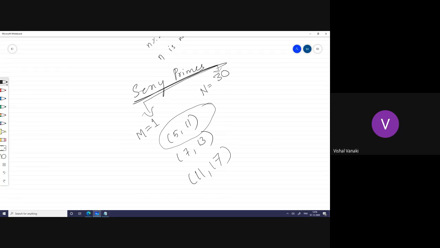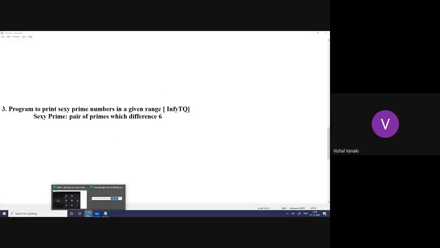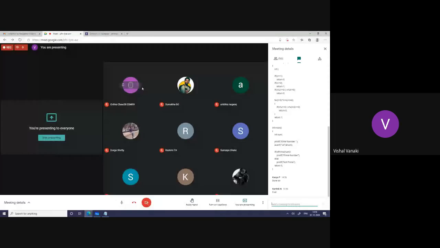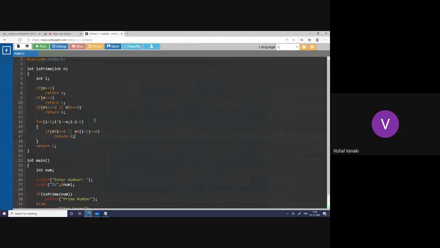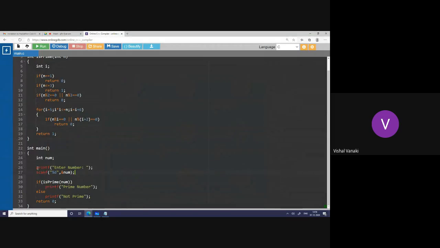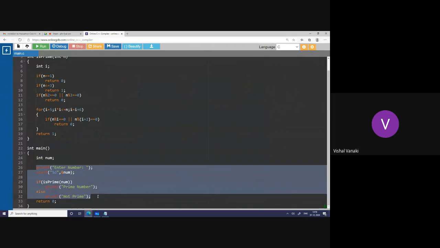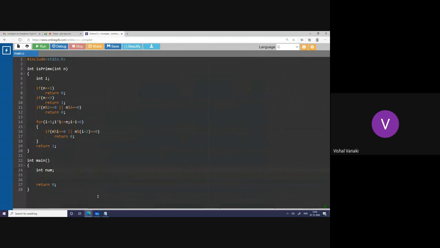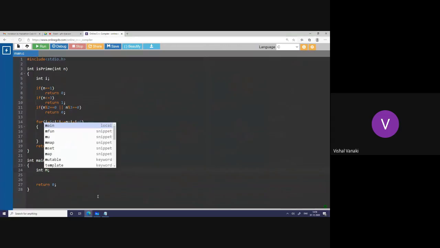The question is clear. We can just finish it in 2 minutes. It doesn't take much time. Now see here, we will use the same thing, but my main function will change a bit. I need two numbers here, one is m, another one is n.